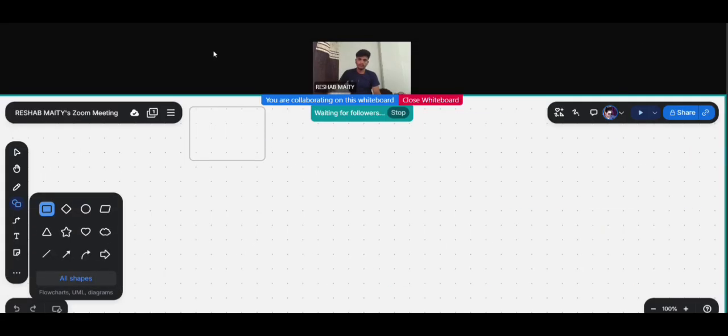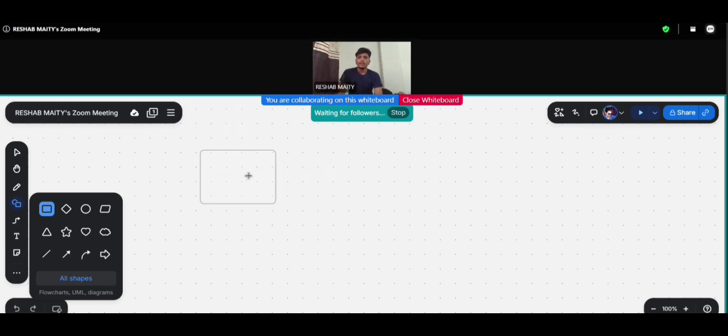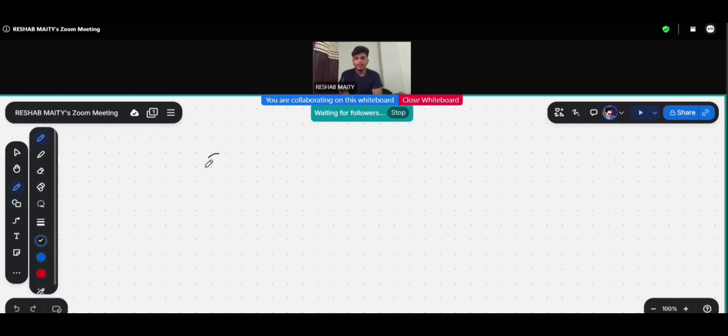So let me explain it with the help of a diagram. Let us consider we have an object A and also another object B. The distance between their centers is d.